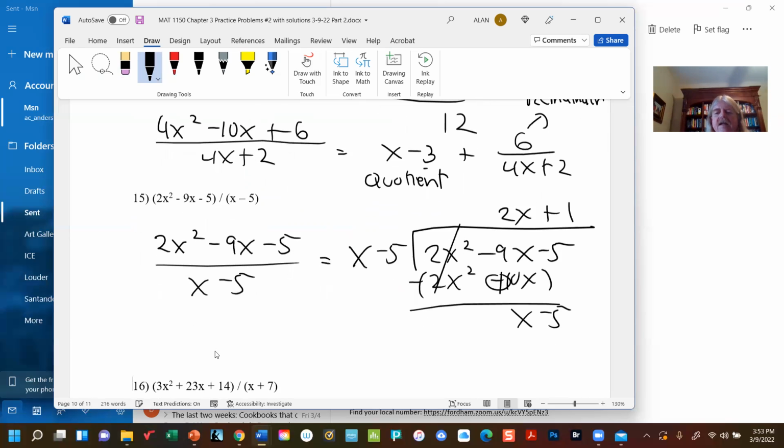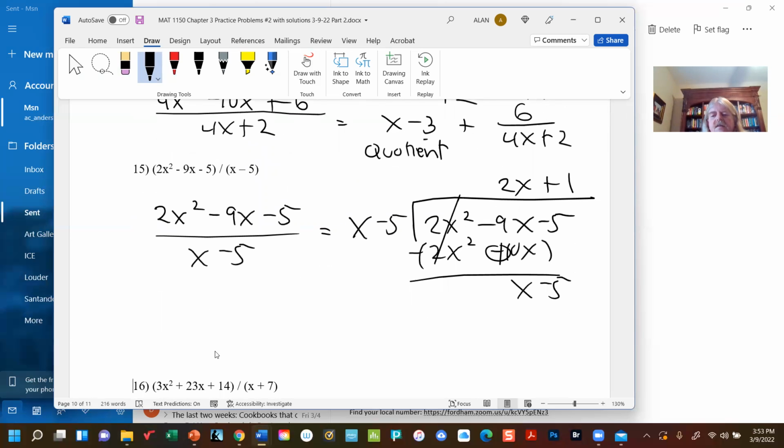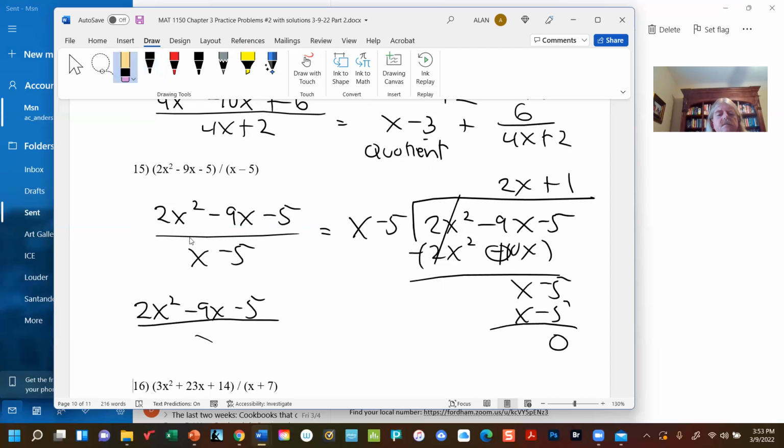Then when I have x minus 5, and it was 0. Oh, beautiful. So in other words, 2x squared minus 9x minus 5 over x minus 5 is equal to 2x plus 1.